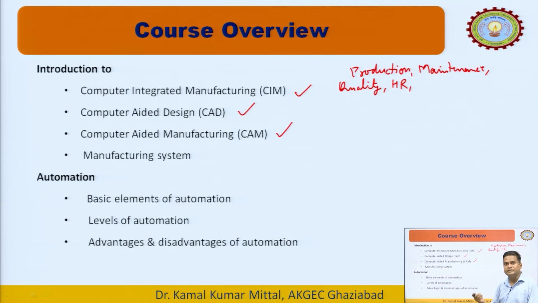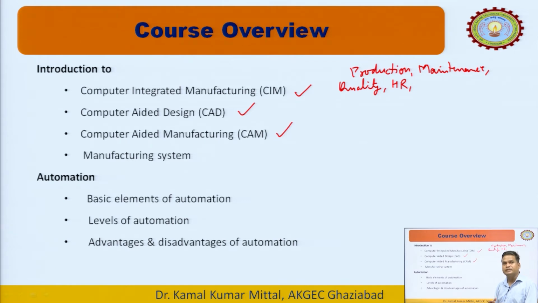That may be some change of the belt, or oil top up like that. Then the quality department and human resource department, all these departments are integrated with some ERP related software. So everybody is able to watch what is happening in the system, and therefore communication is easy when we are using computer integrated manufacturing.